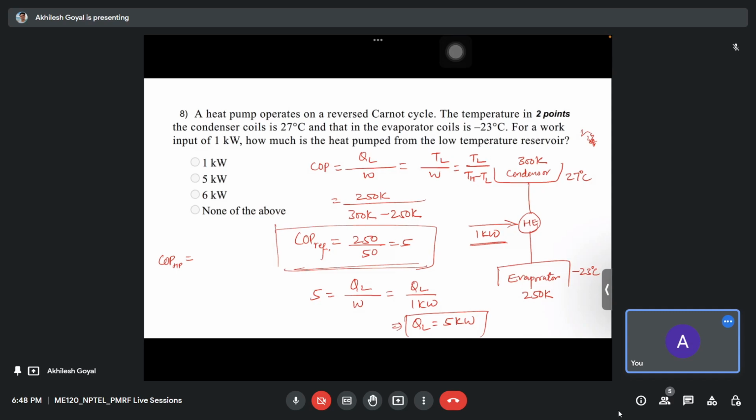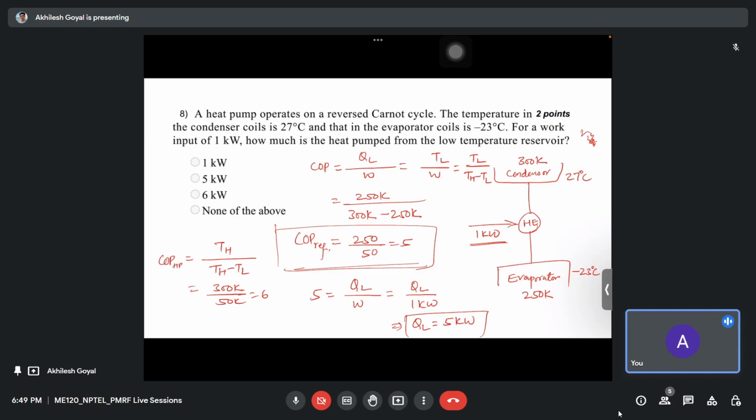Heat given to the condenser, that will be the desired effect, means TH, hot environment, divided by TH minus TL, and that will be 300 Kelvin divided by 50 Kelvin, that will be 6. Okay, so COP of heat pump is 6, COP of refrigeration is 5, and 1 kilowatt work is given.